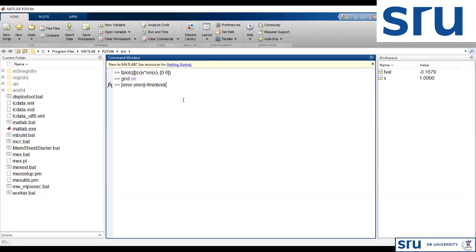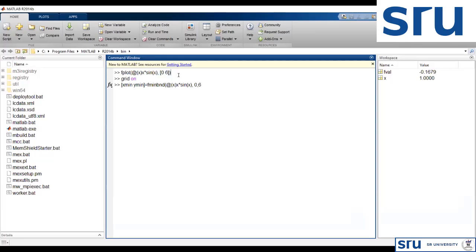Then at the rate of your function x, your function value x sin x, that is x times sine of x. Then you have to write 0, 6, because you have to find it within this limit itself.